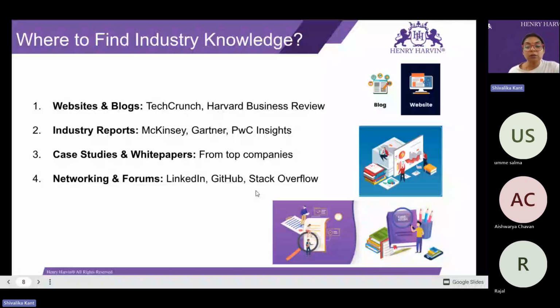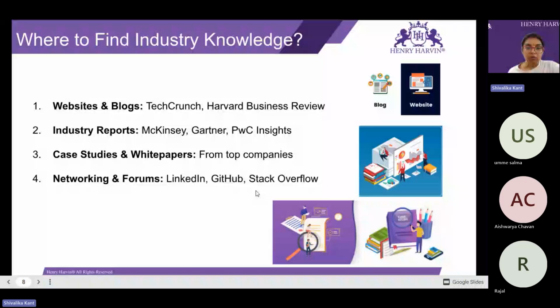Then we have industry reports and market research: McKinsey, Deloitte, EY, KPMG. These consulting firms publish free reports on trends, risks, and opportunities in all the industries.